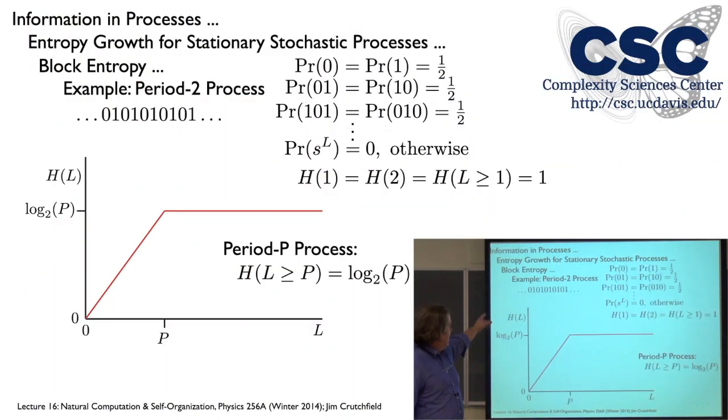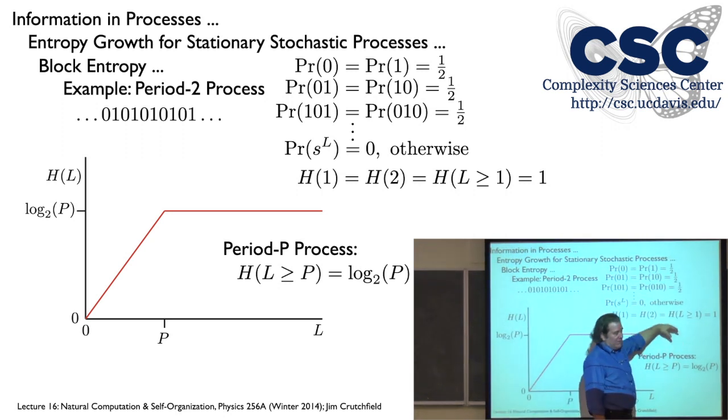Another case would be a period 2 process, and I'm just giving you examples to get some idea of different shapes of the H of L curve. So 0, 1, 0, 1, 0, 1. Of course, we can write out what the word probabilities are. 0 and 1 occur with probability half. If you don't know anything else, and you look at statistics over length 1 words of this period 2 sequence, it looks like a fair coin.